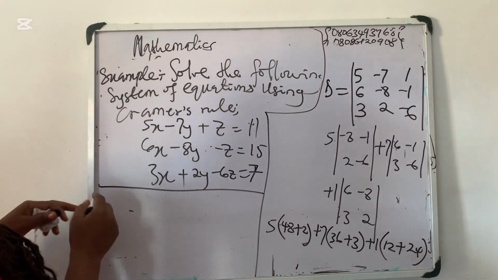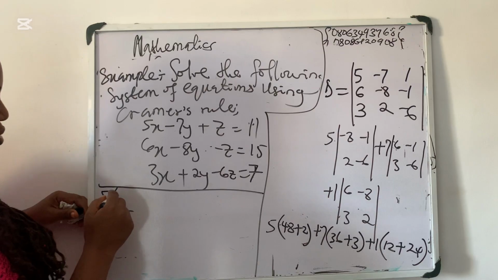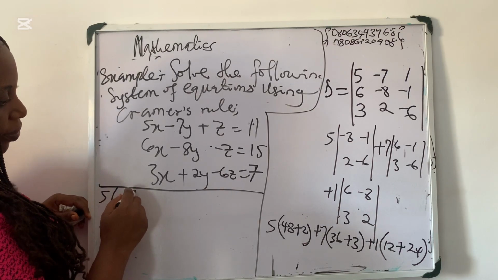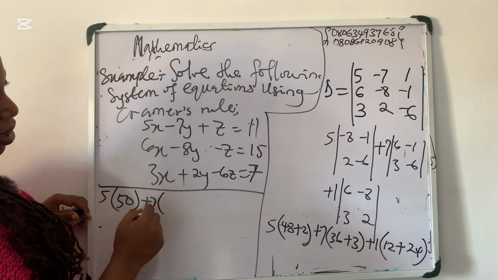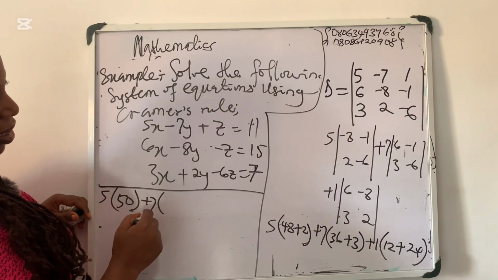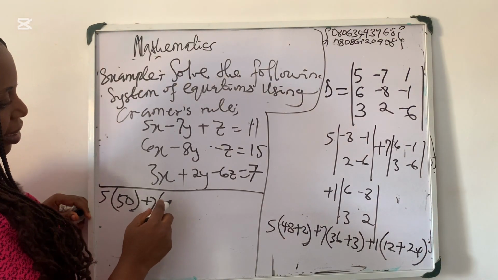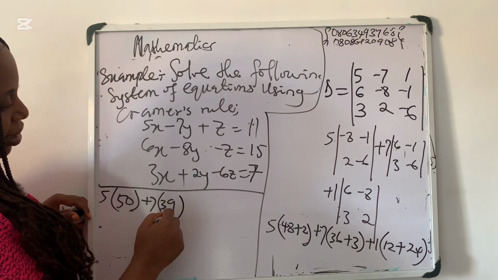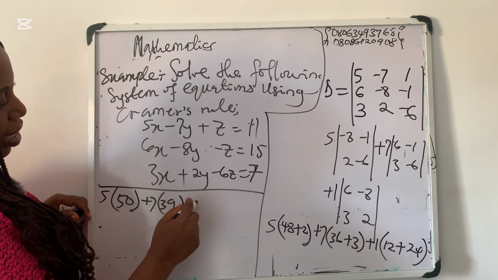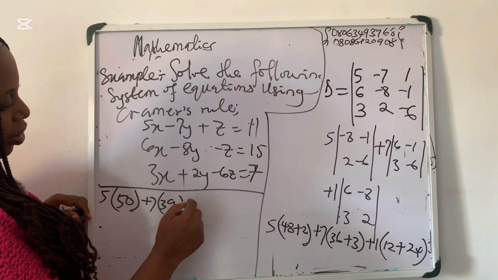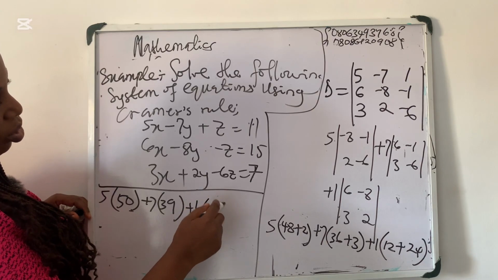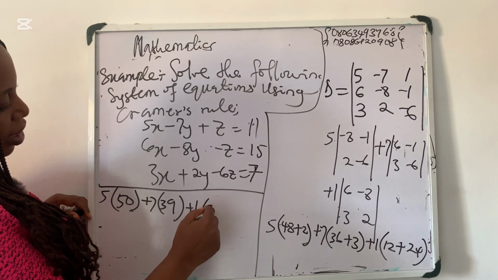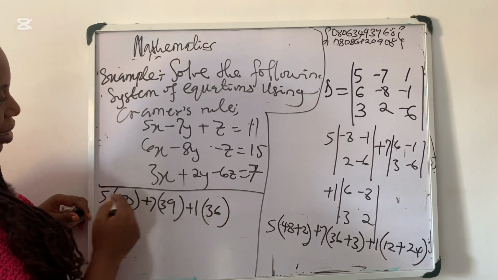Now, let's continue here. 48 plus 2 is 50. We have 5 into 50. 36 plus 3 is 39. Then we have plus 1. 12 plus 24 is 36.